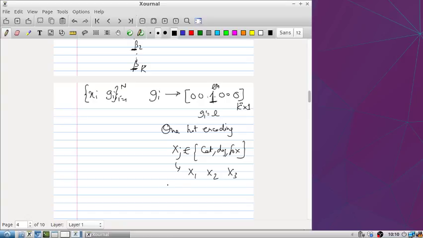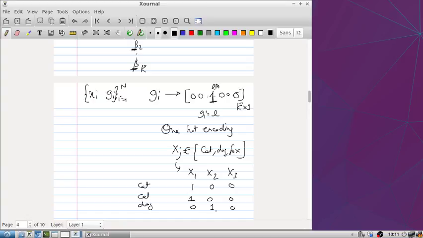Let's say my observations have cat, cat, and dog. Then x1 would be 1, 0, 0 for the first observation, and for the second observation also 1, 0, 0, and for dog it will be 0, 1, 0. It's just saying if I have a categorical variable, how am I going to use it in my regression? You have to transform it into something else: if there are three values that it takes, then I'm going to create 3 dummy variables. This is called one-hot encoding.